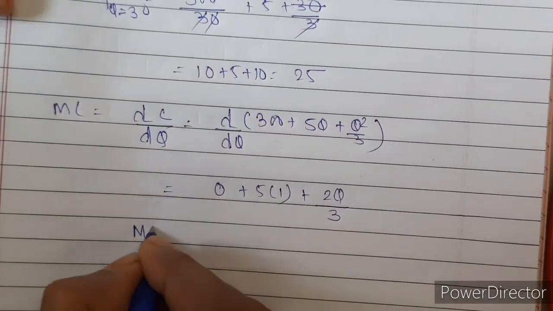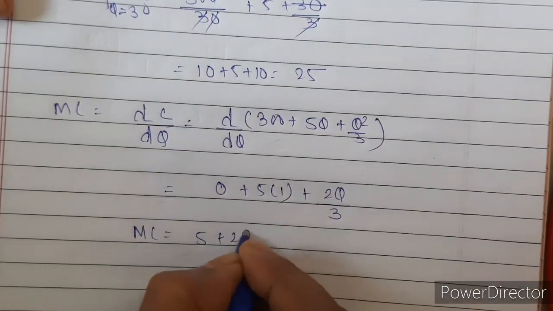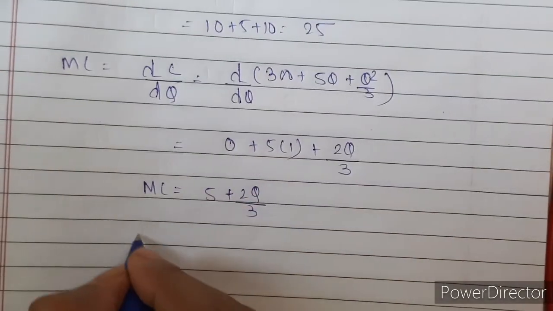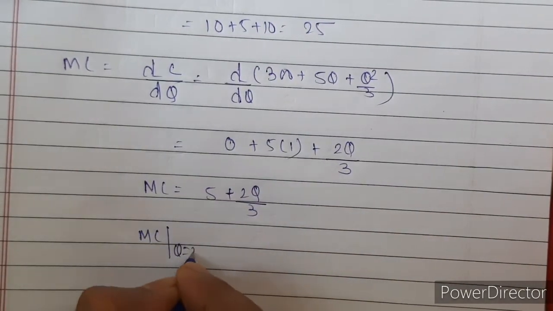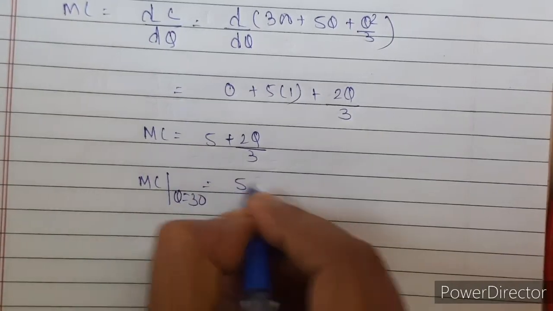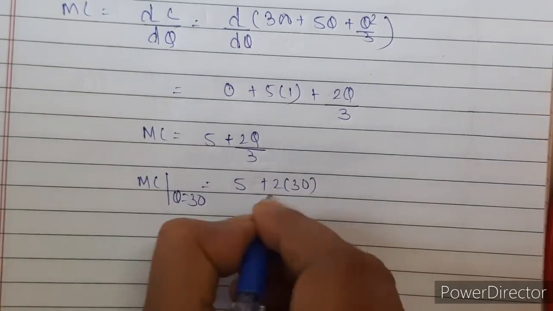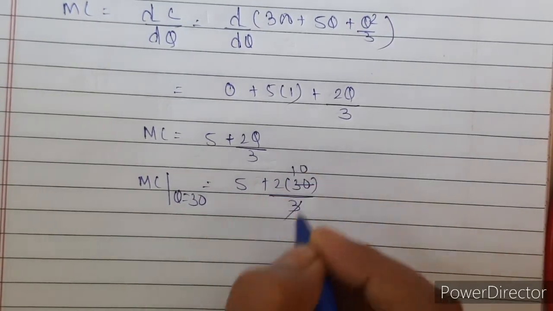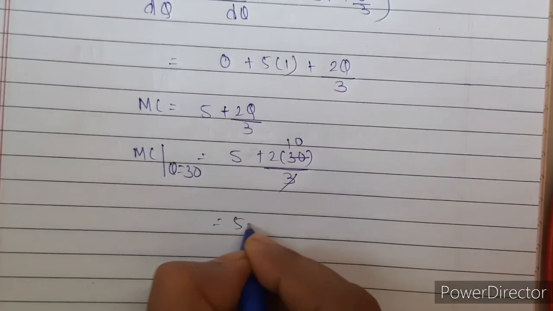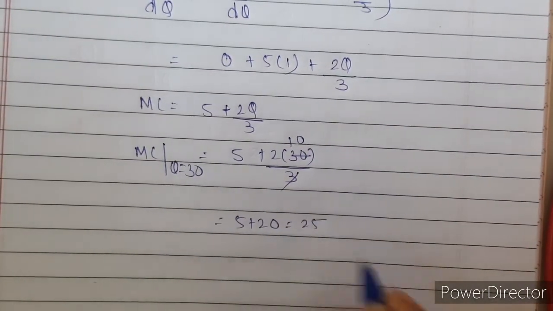So marginal cost is 5 plus 2 times Q by 3. Now we have to check marginal cost at Q equals 30. So 5 plus 2 into 30 by 3, this will get cancelled. What we have is 5 plus 20, which is equal to 25.